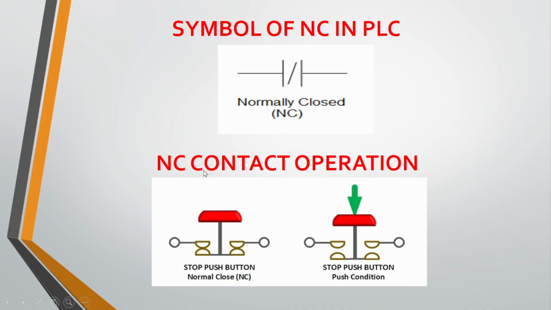So NC contact operation is the opposite of NO contact operation. Initially, in the first figure, the NC contact is closed, means plus 24 volt to 0 volt is flowing through the circuit. And when we apply pressure, it becomes open, and interrupts the current and stops the equipment suddenly.